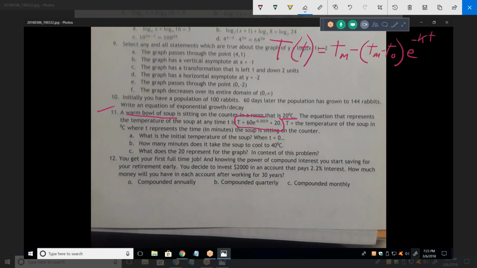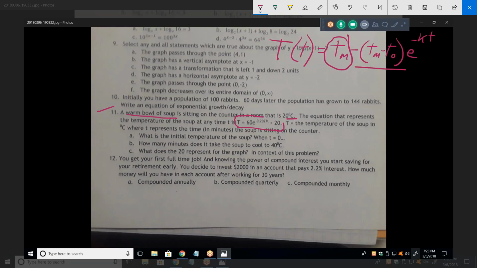T is the temperature of the soup in centigrade, where little t represents the time and the soup is sitting on the counter. How can this ever have a plus sign in front of it? Oh, what am I thinking? Yeah, it's got a plus sign in front of it. This has got the minus sign.